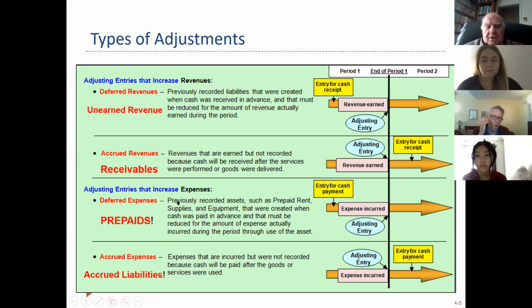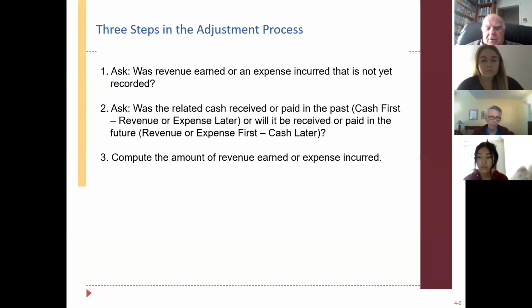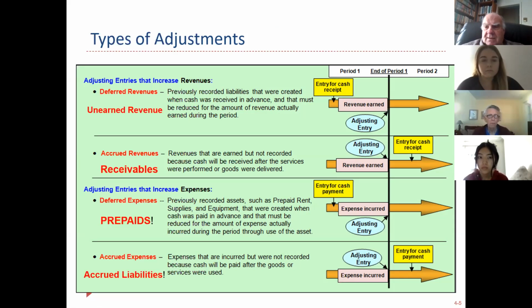For example, deferred expense. On December 29th of last year, you bought an insurance policy and you paid $12,000 to cover you the following year, this year. You spent the money in 2019 to cover your business throughout 2020. So when you spent that money, you credited cash and you debited an asset account called prepaid insurance.